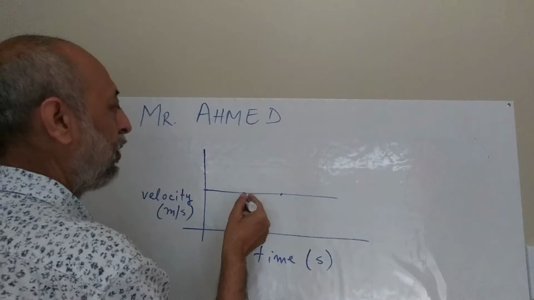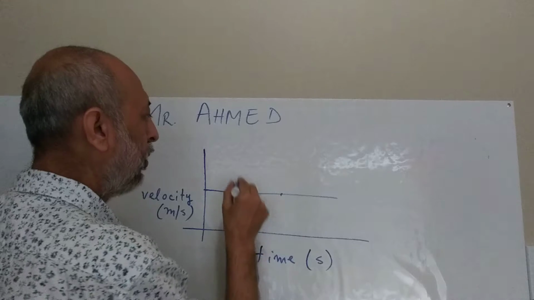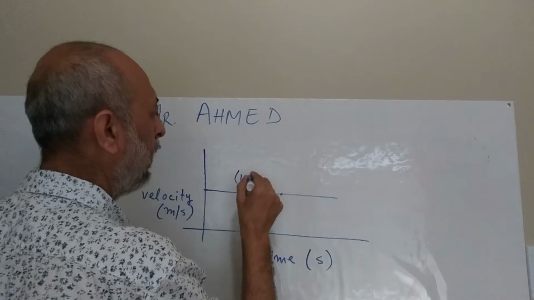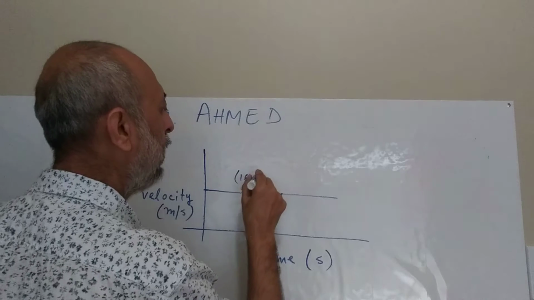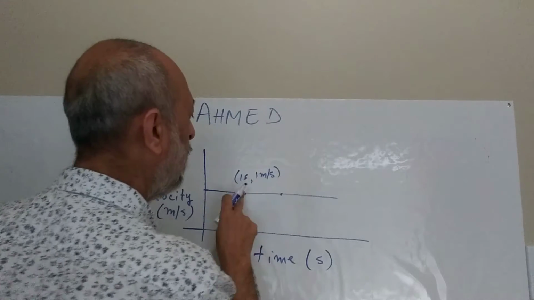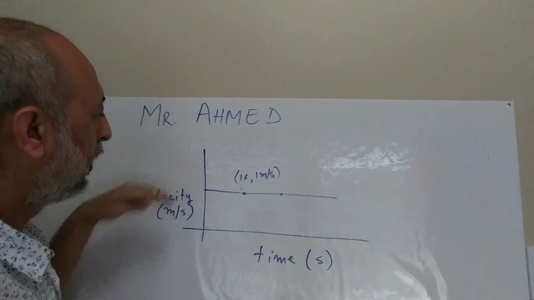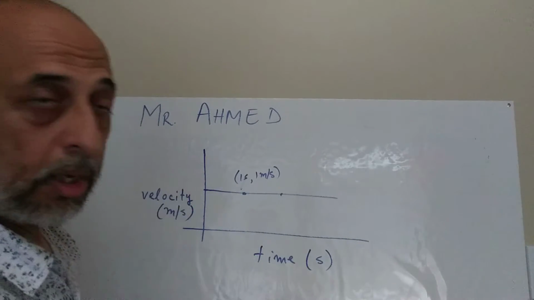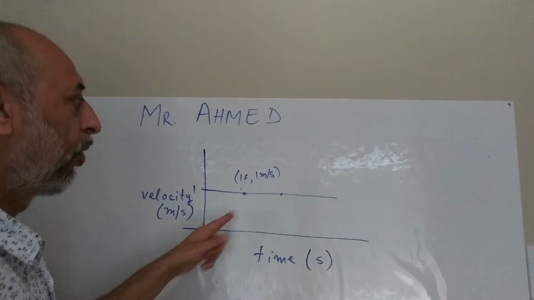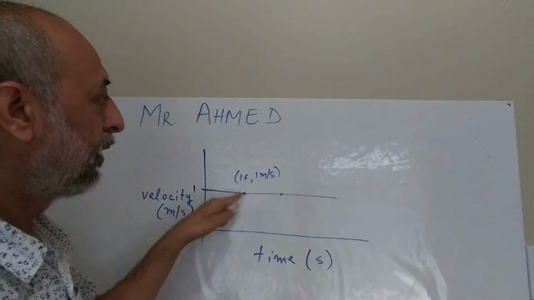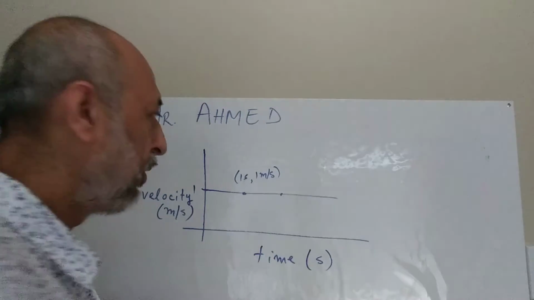So if I say that the point right here is, for example, (1, 1), that means 1 second and 1 meter per second, because the x coordinate is time and the y coordinate is the velocity. So the point right here, (1, 1), is 1 second and 1 meter per second.